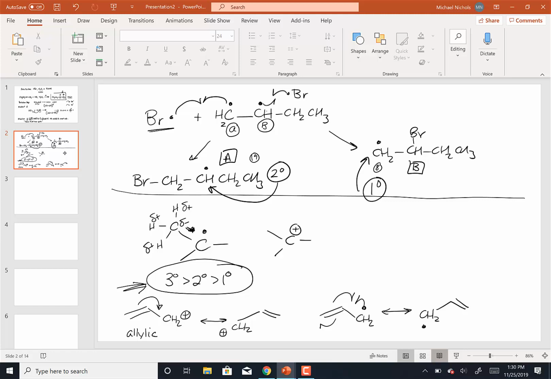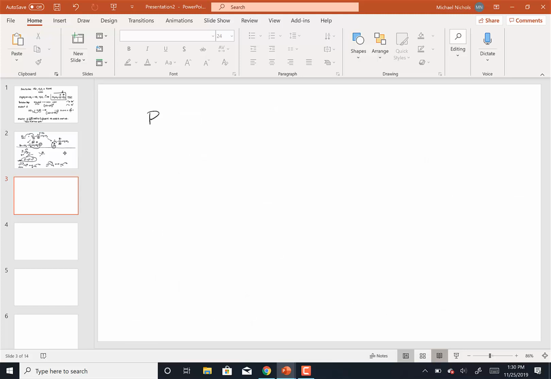Because now what I'm going to do is write the true second step of the mechanism without having the two dots. So if I was writing that mechanism, here's what I would write. I would have my CH2 double bonded to my CH, and I'm going to add the Br dot to the CH2, and then the other electron in the double bond goes to the CH.